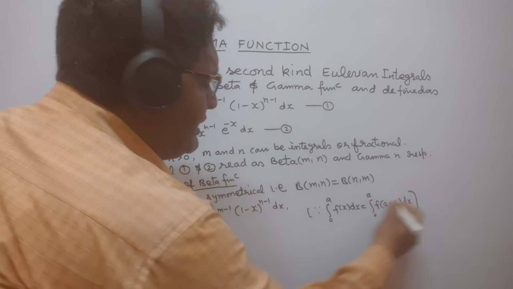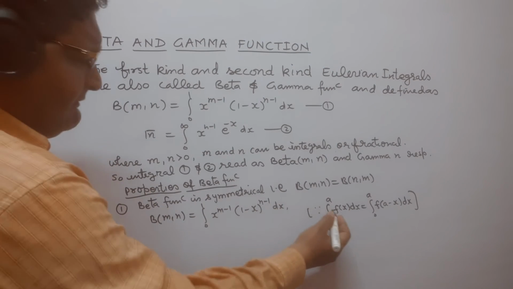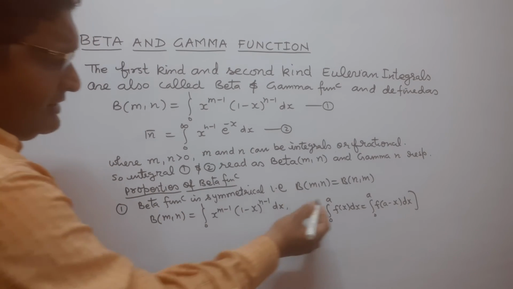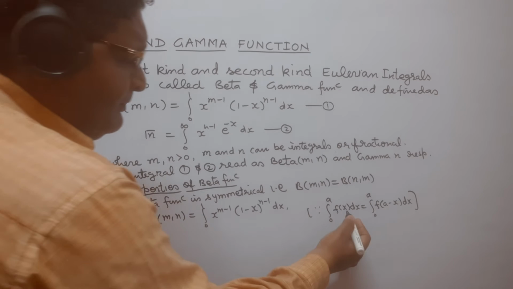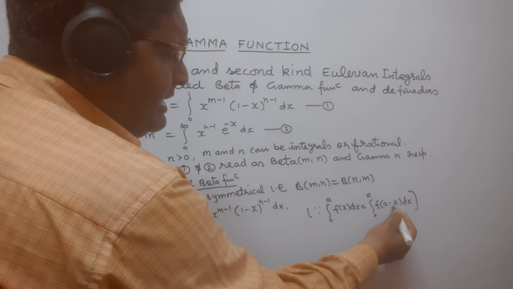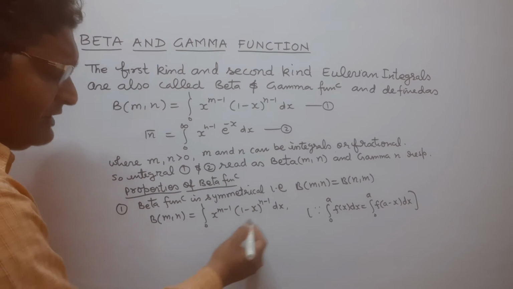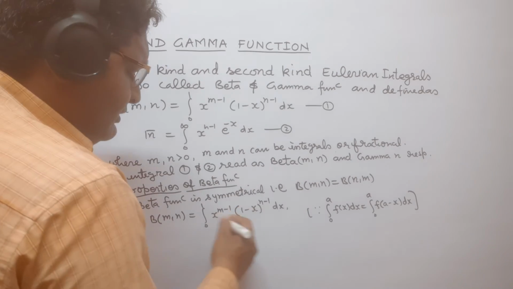Here we use this property. In place of a this is 1, so in place of x we put 1 minus x.